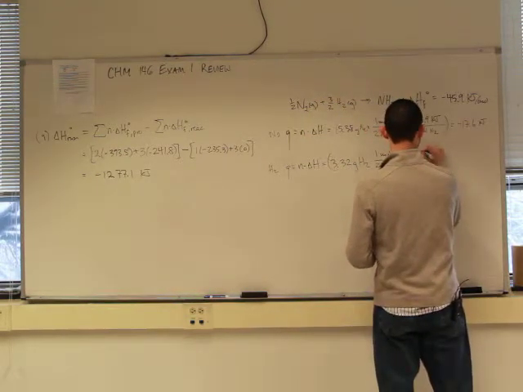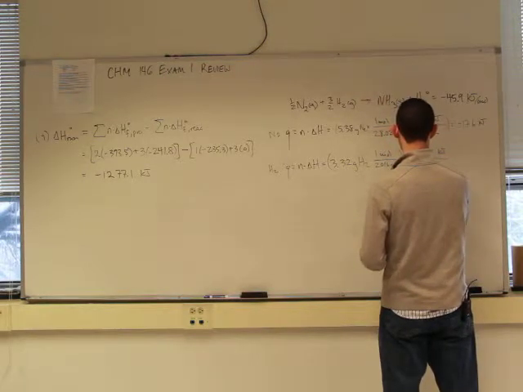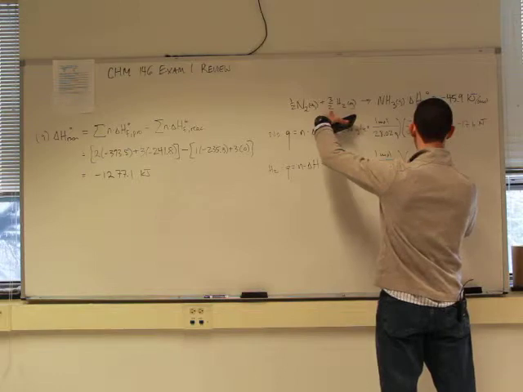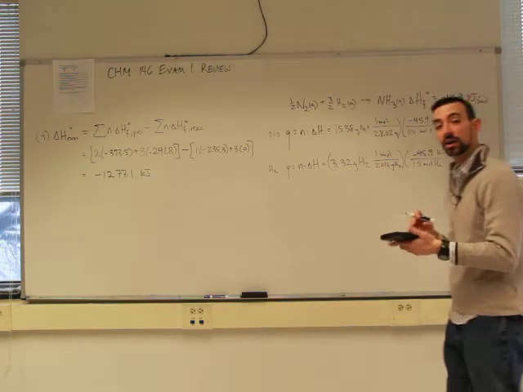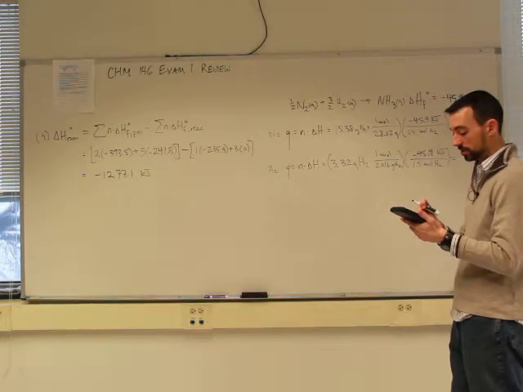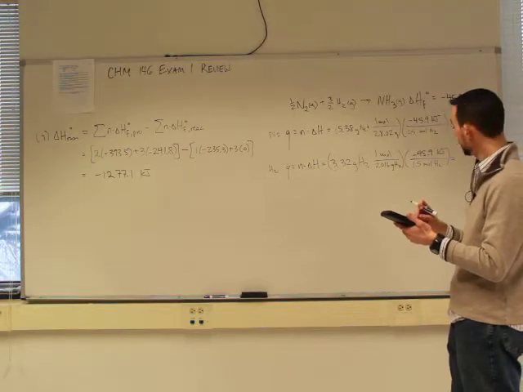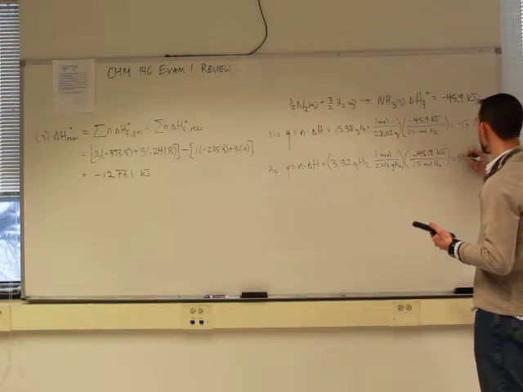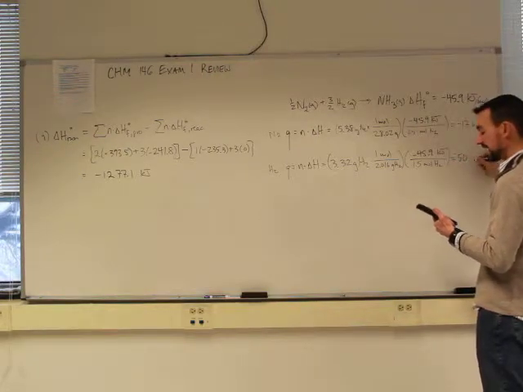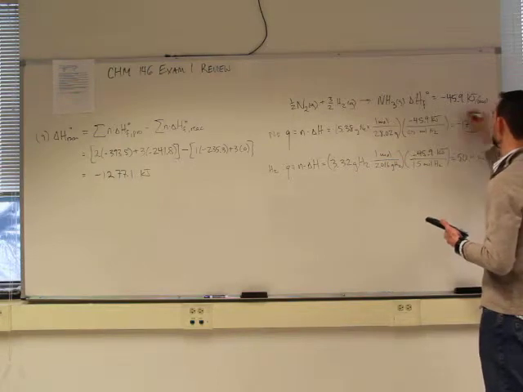The same negative 45.9 kilojoules would apply, but now it would be in association with 1.5 moles of hydrogen. So we'll take our 3.32 divided by 2.016 times the 45.9 divided by 1.5. And if all of the hydrogen is used, negative 50.4 kilojoules of energy could be released.